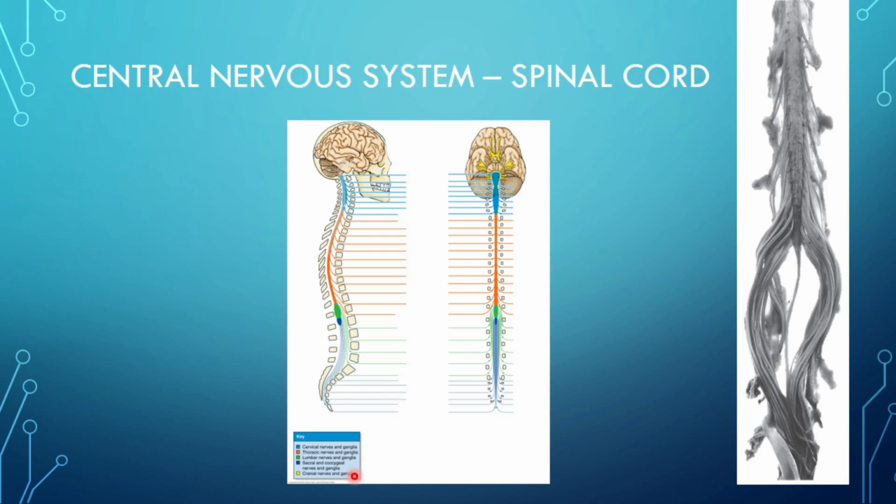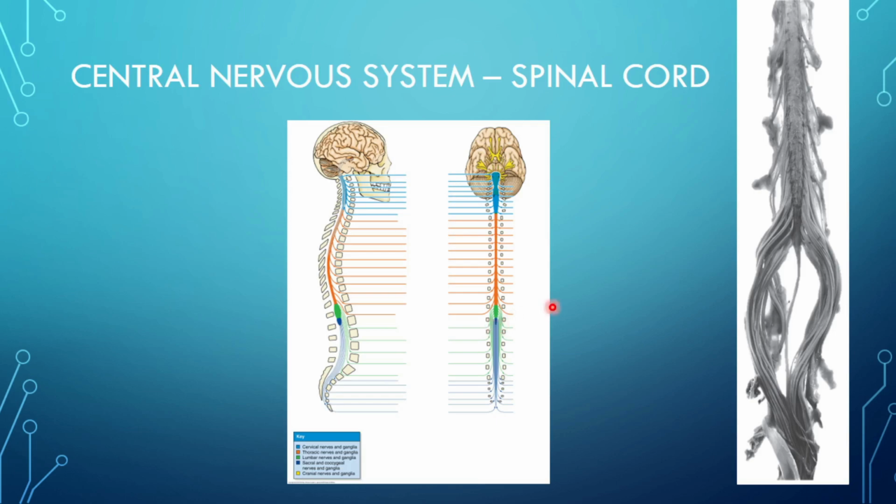And then, so thinking about the spinal cord itself, it runs all the way from the medulla through the vertebral foramen, or the vertebral canal of the spine, or the vertebral column, and the spinal cord itself ends at around the vertebral level of L2, the second lumbar vertebra.